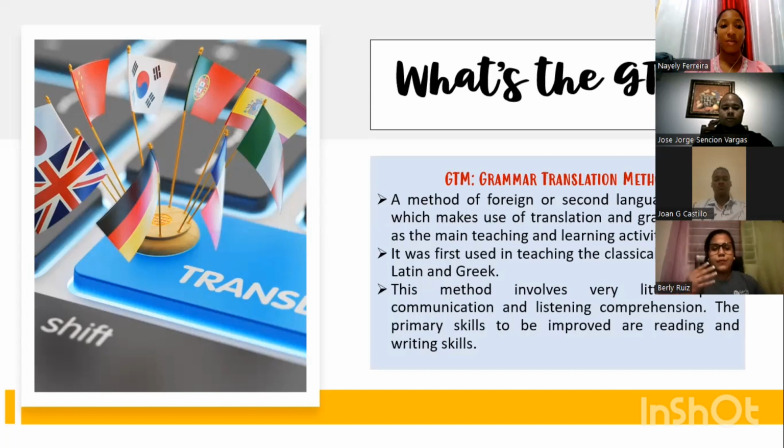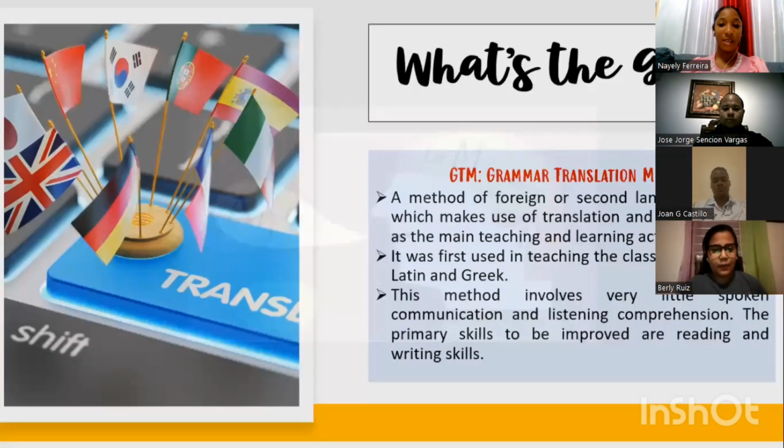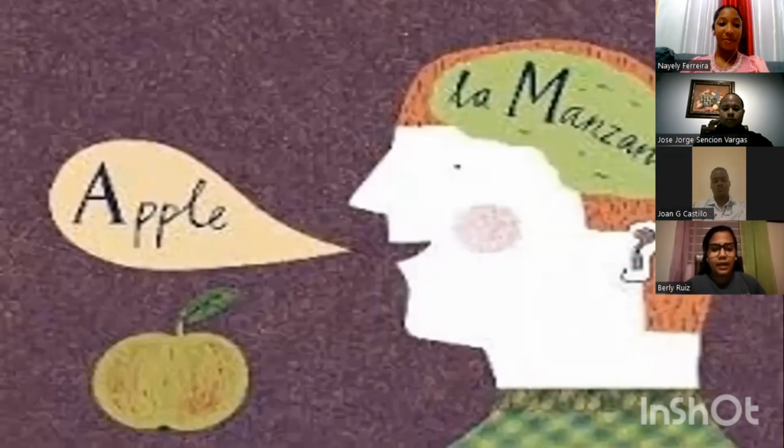It was first used in teaching the classical languages of Latin and Greek. This method involves very little spoken communication and listening comprehension. The primary skills to be improved are reading and writing. Now my partner is going to talk about the method.